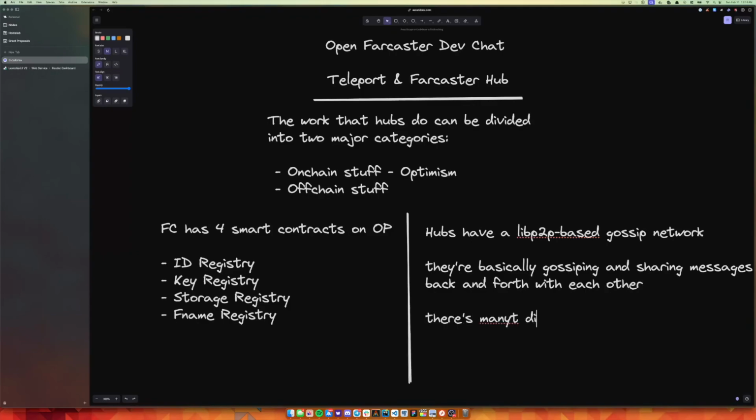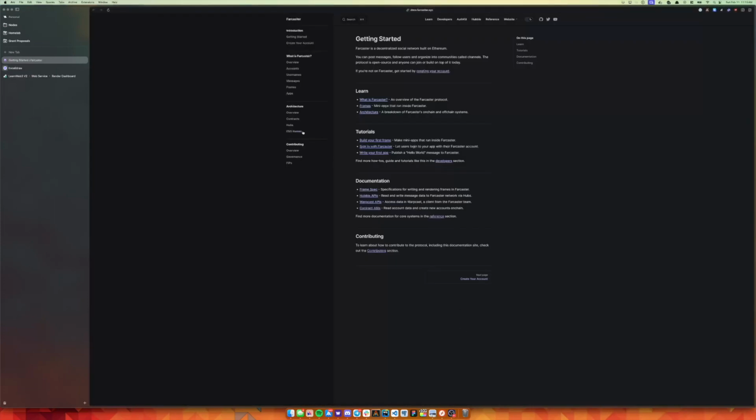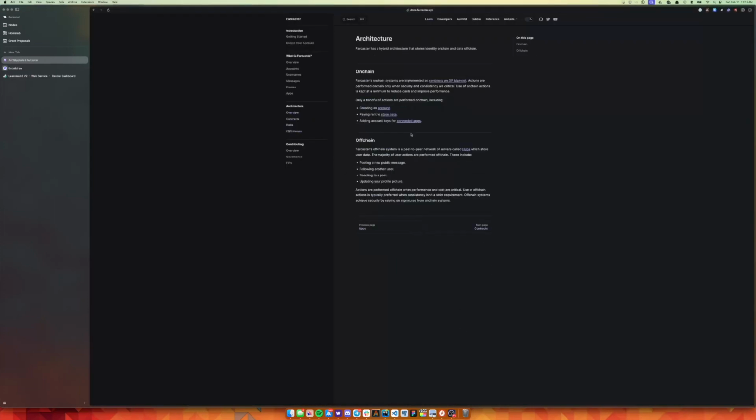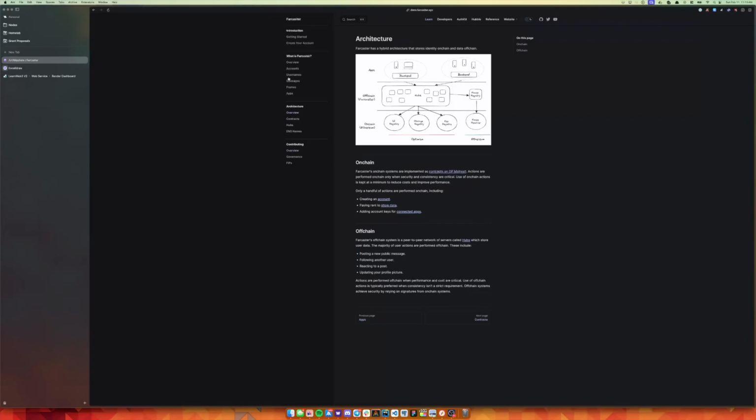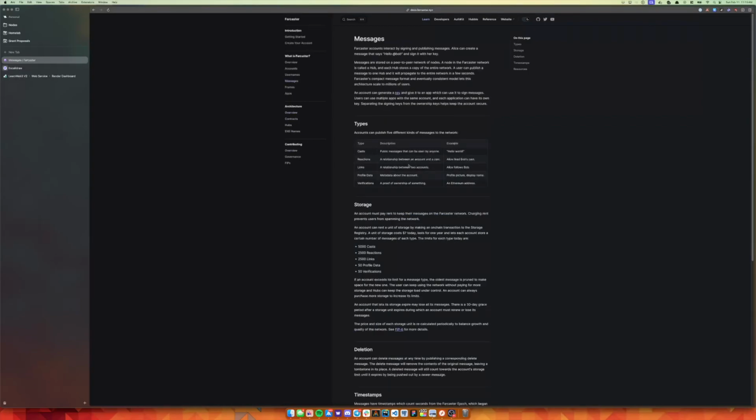There's many different types of messages, and you kind of need to handle all the different types. We can look at the Farcaster docs specifically and get an idea of the different messages that exist.